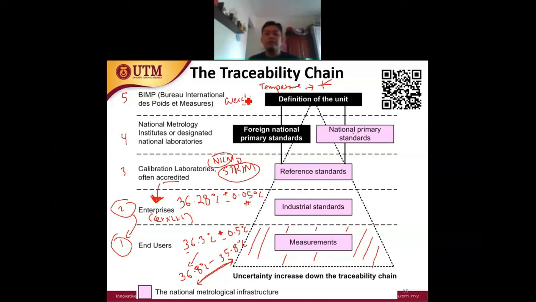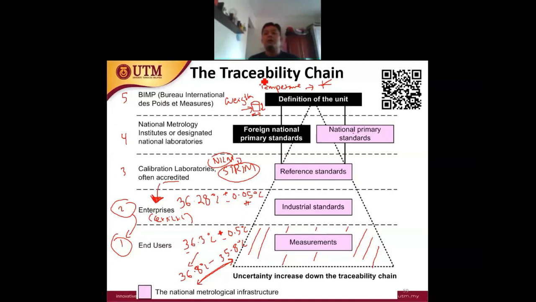the standard is based on a metal cylinder, which is made of an alloy at a certain height and also diameter. So this definition is dynamic. I mean, it will be revised from time to time.